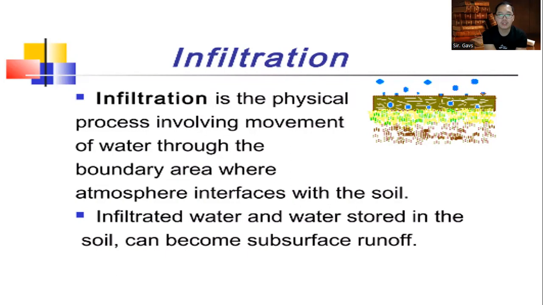The infiltrated water and water stored in the soil can become subsurface runoff. When we say subsurface, it is just beneath the surface of the ground. That is subsurface runoff. When we say runoff, it is running water.